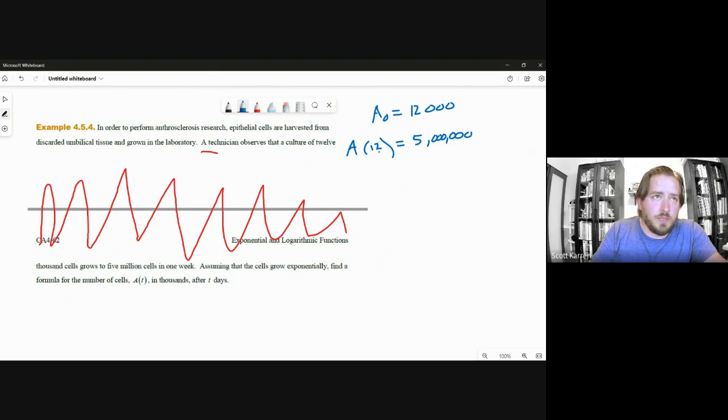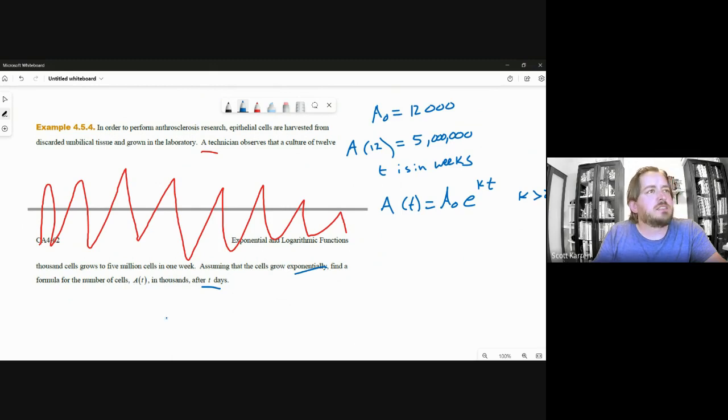And since I'm doing A of 12, t is in weeks now. Okay. Assuming that the cells grow exponentially, that tells us that our formula is A of t equals A naught e to the kt, where k is simply going to be positive, right? Find a formula for the number of cells in thousands after t days.